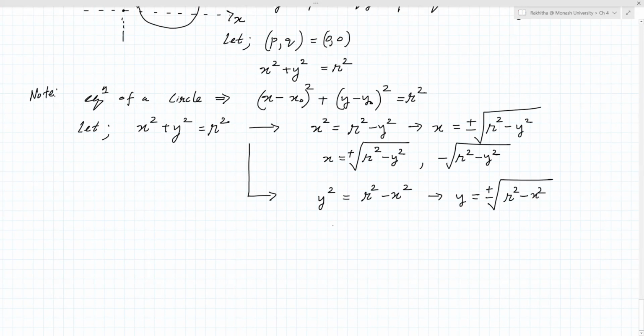Now, you can write in the similar way I wrote here, square root of r squared minus x squared, plus value. Then the other one would be r squared minus x squared, minus value. So now if you look at this, it is not a big deal, right?